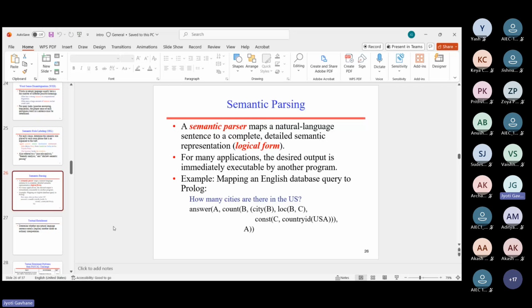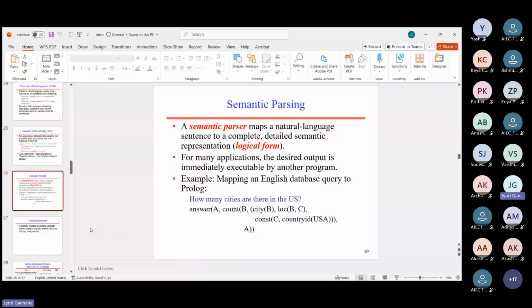But as you see the words count, city, location, constant, country ID, it is but obvious that we are talking about the number of cities which are located in the United States. Correct? So this is the semantic parsing.